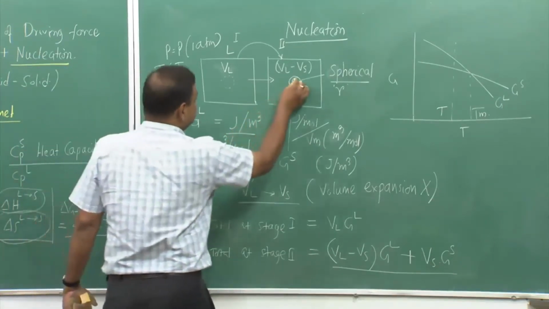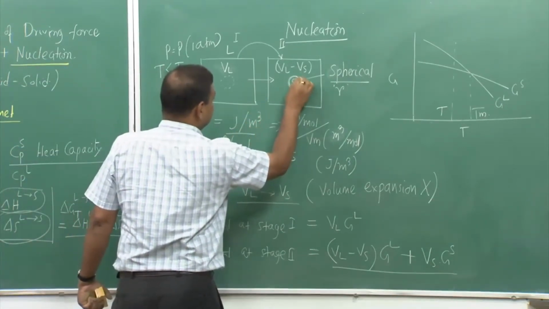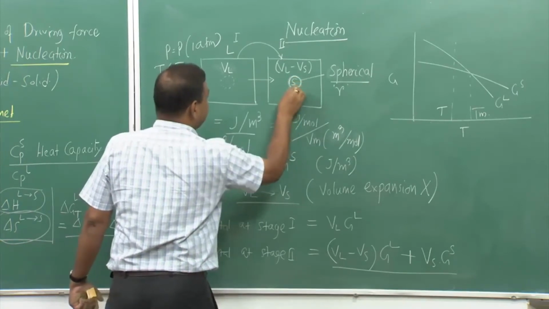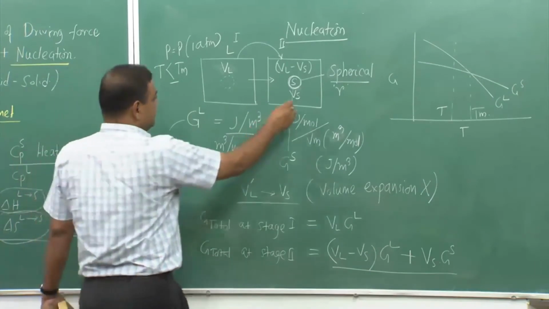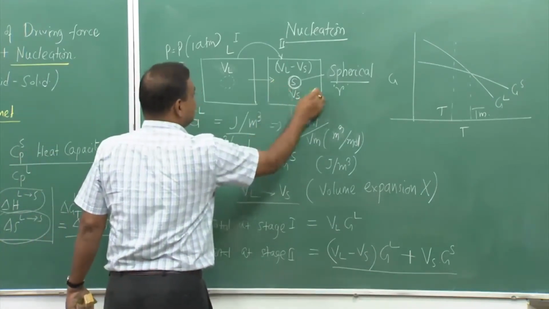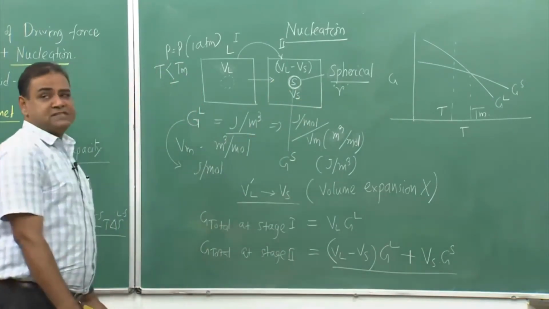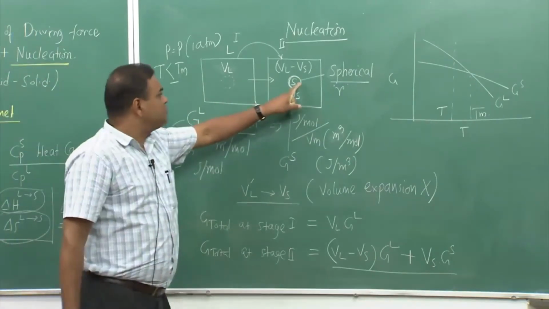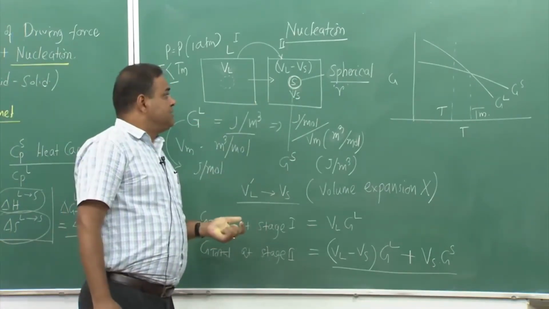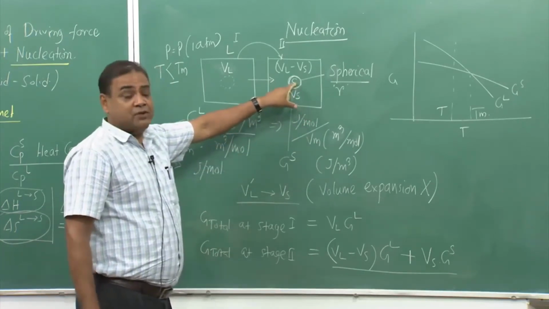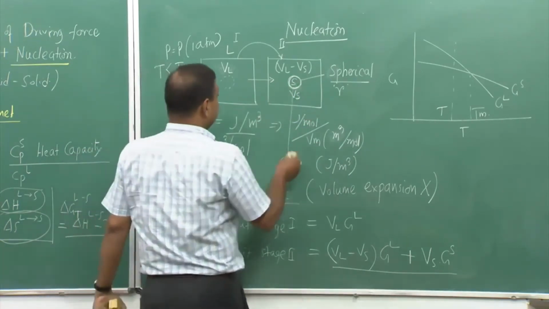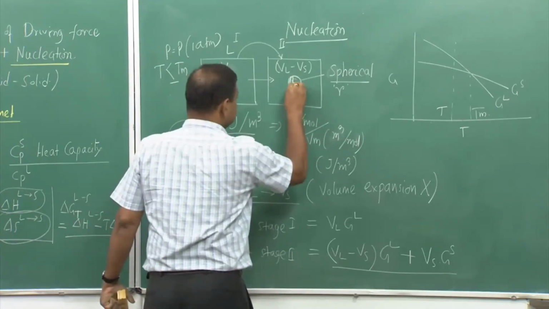See, whenever I am creating a solid, as per our phase definition, in this particular case everywhere the composition is the same. Here also the composition is the same, but the structure is different, because whenever I see the solid, I am talking about the crystalline solid.